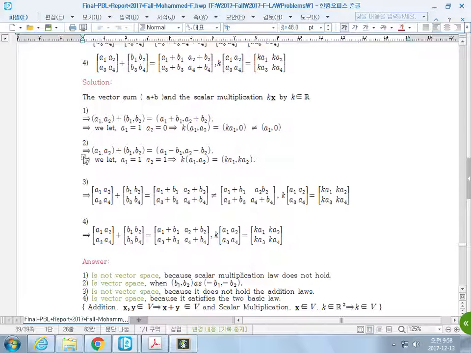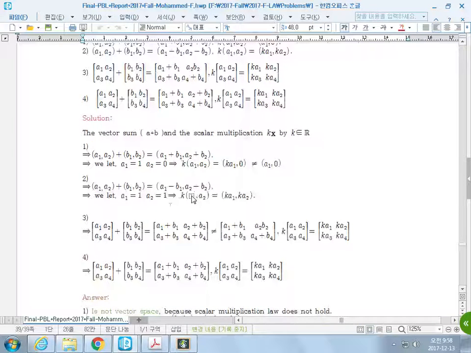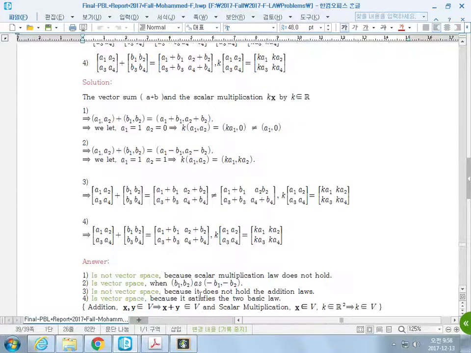In the third one, the addition is satisfied here, but it is not satisfied in the scalar multiplication, because here it does not hold the addition law.